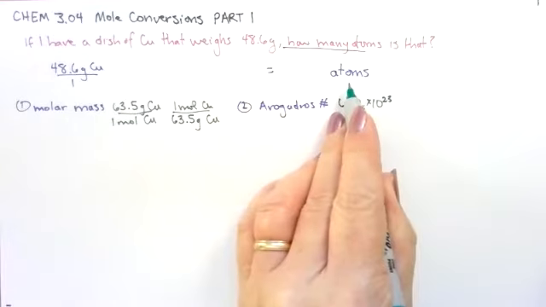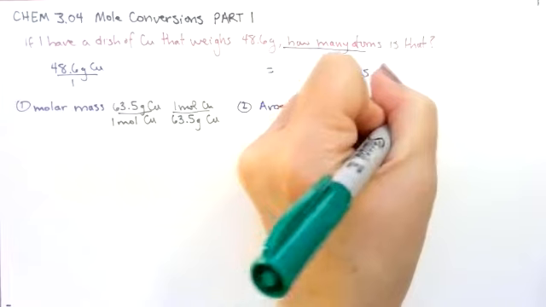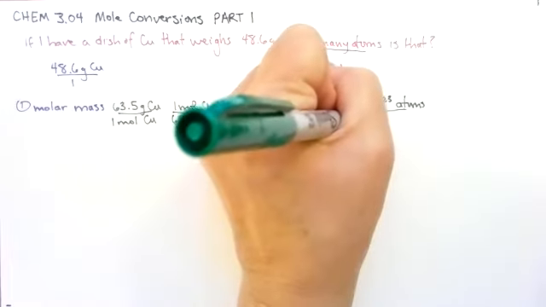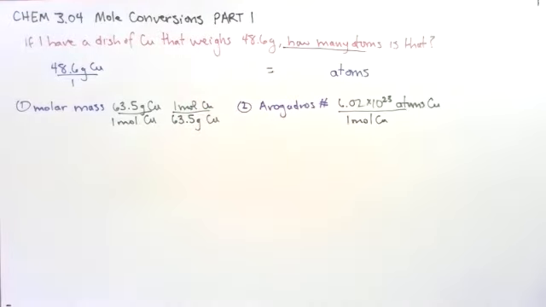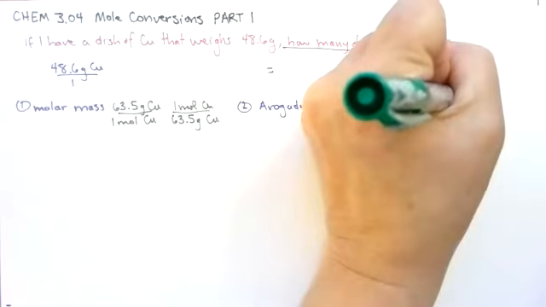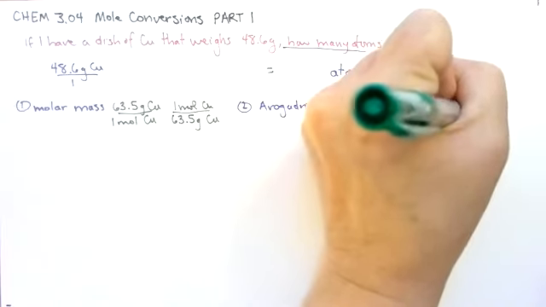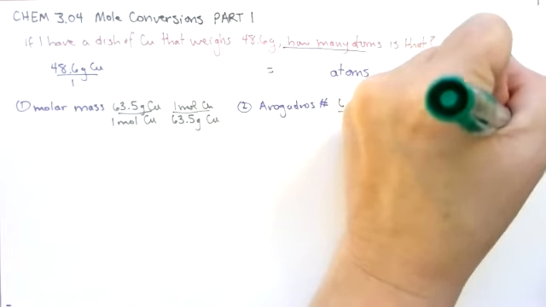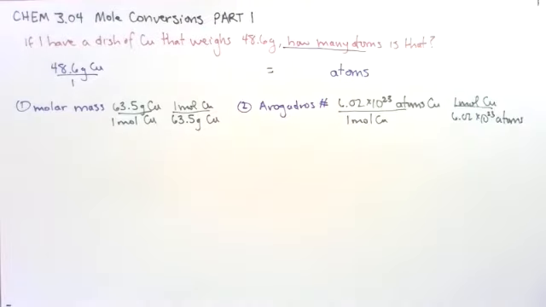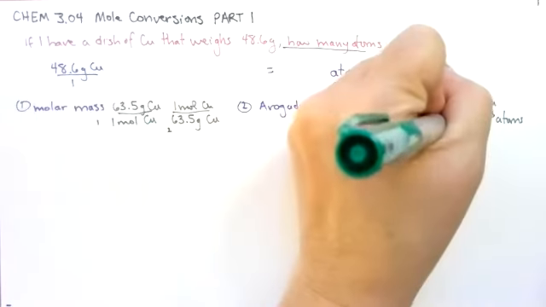In this case, our something is atoms in 1 mole of copper. And I'm going to write this flipped. We'll just number these 1, 2, 3, 4.